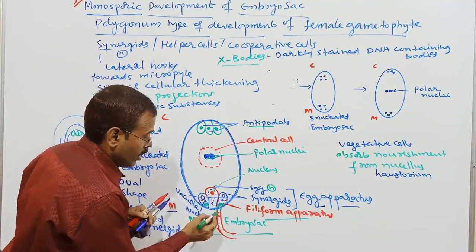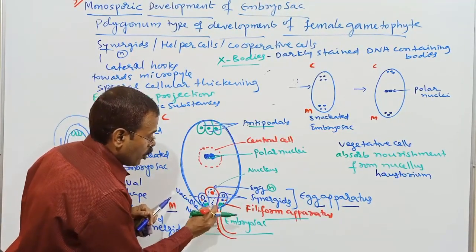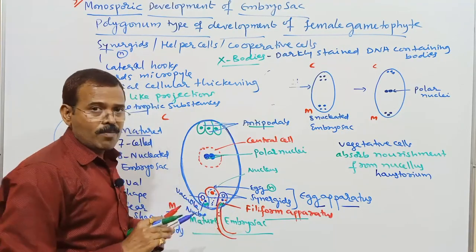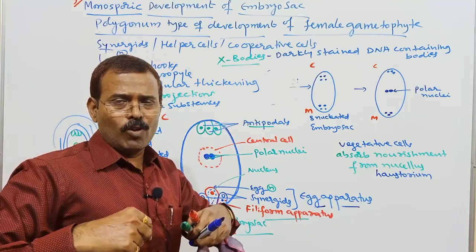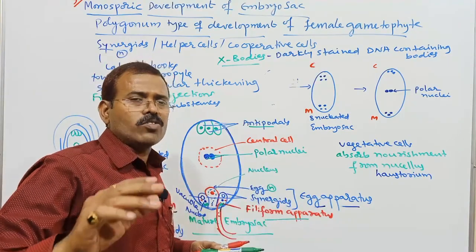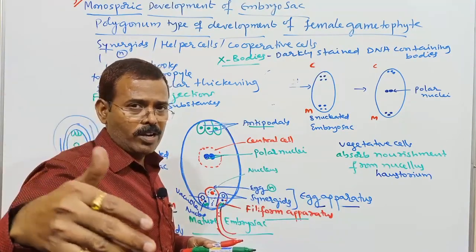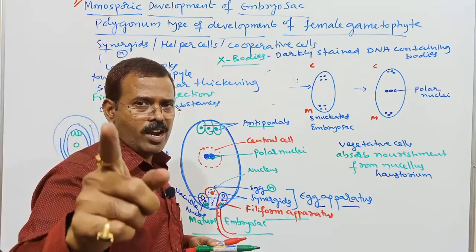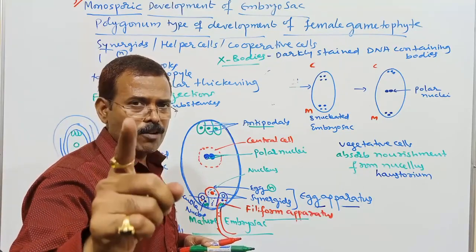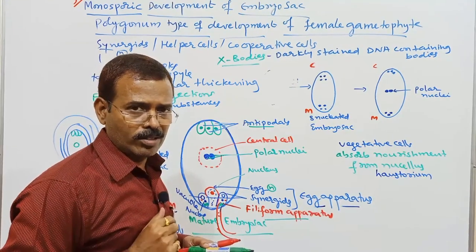So what happens later on? This pollen tube enters the female gametophyte and discharges the male gametes, and these male gametes take part in the fertilization process. The fertilization seen in angiosperms, in flowering plants, is double fertilization. We will learn about double fertilization a little later.